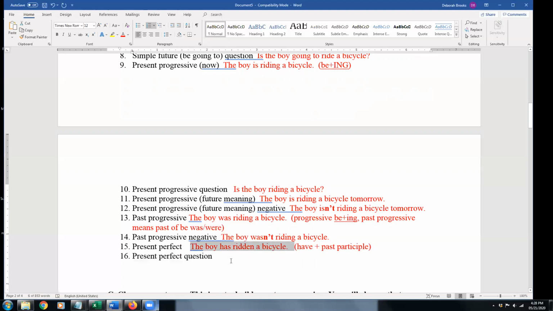And if we want to make that a question, we take that has and put it in front. So it's just a word order thing. Has the boy ridden a bicycle? So when you have the subject verb, that's a statement. When you have the verb before the subject, that's a question.